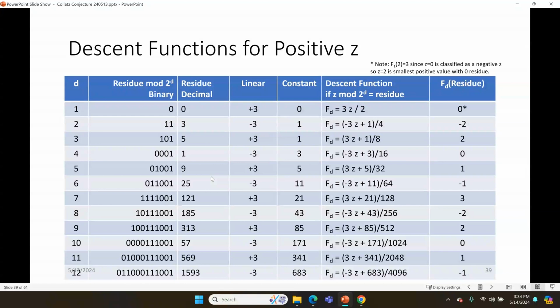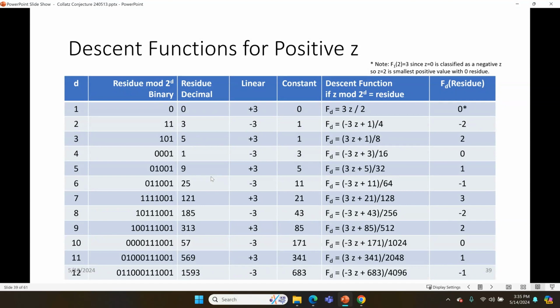In other words, the result is a negative Z value. If the residue is 5 modulo 8, then the descent function would be 3Z plus 1 over 8. If the residue is 1 mod 16, then the descent function is negative 3Z plus 3 over 16, and so forth. This works all the way down.